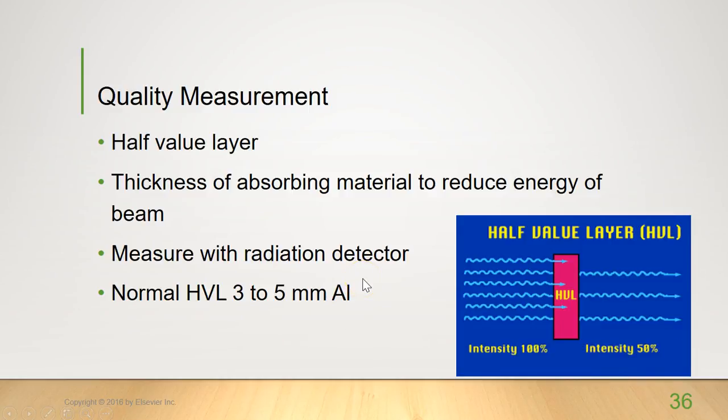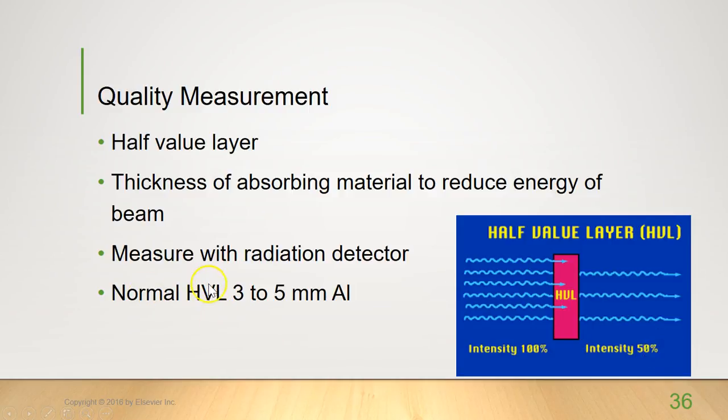HVL is defined as the thickness of absorbing material, that can be your aluminum or aluminum equivalent filtration, that is necessary to reduce the energy of the beam to 1/2 of its original intensity. So it says right here to reduce the energy of the beam, but it's how much it takes to go to half. So if you start off with 100% intensity, this half value layer, doesn't matter what it is, breaks it down to intensity of only 50%.